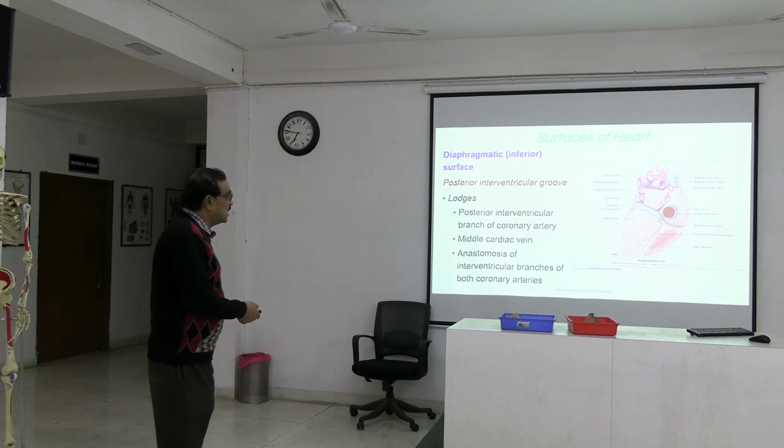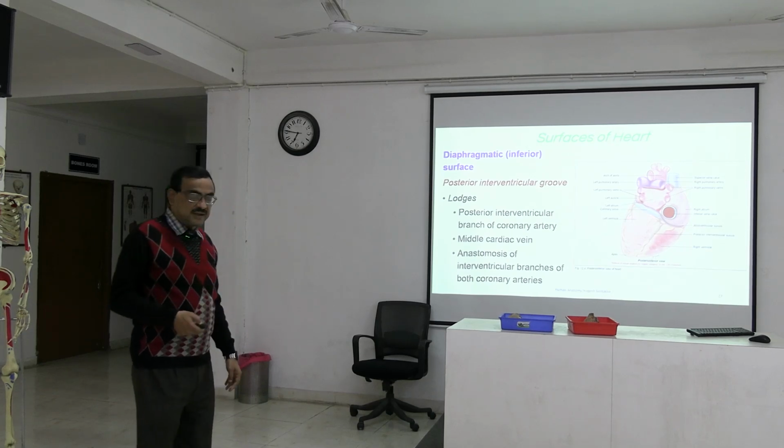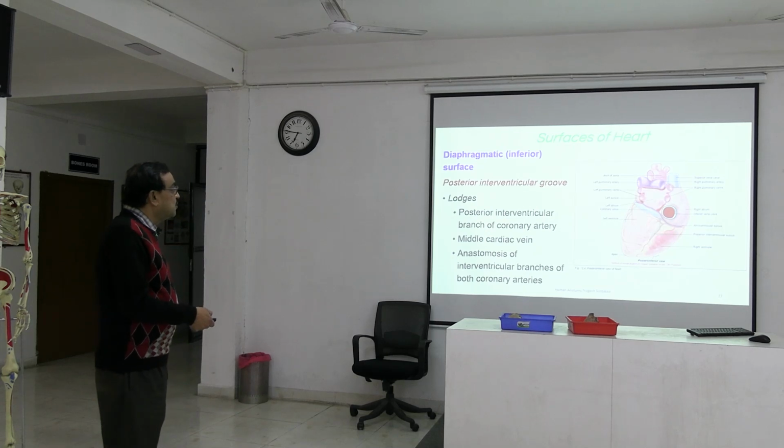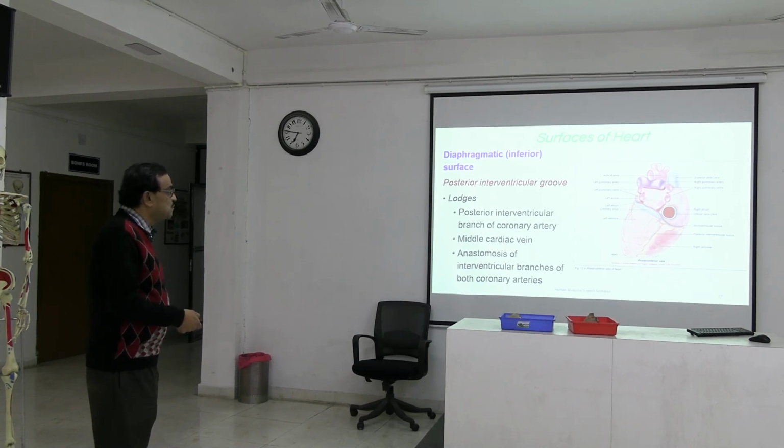This is the left coronary artery, we can see. So this is the anastomosis between the right and left coronary arteries. There are several branches where the anastomosis is there. Here we can see this posterior interventricular branch is coming from the right coronary artery.